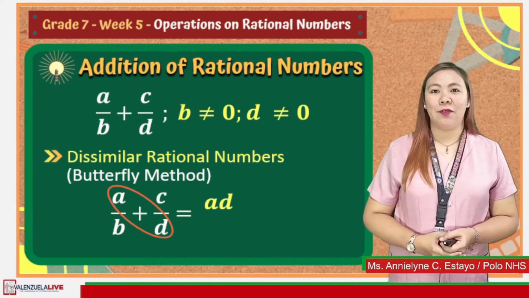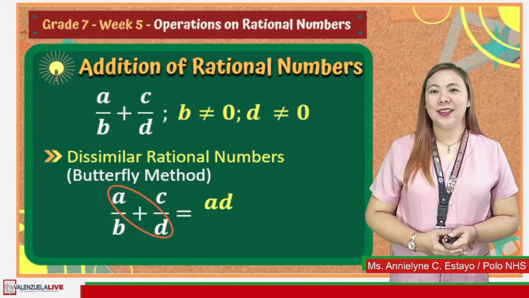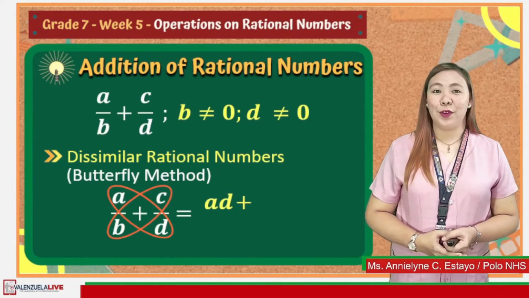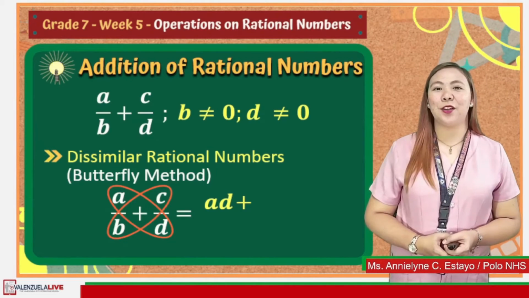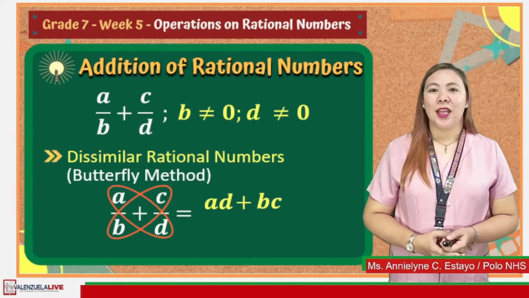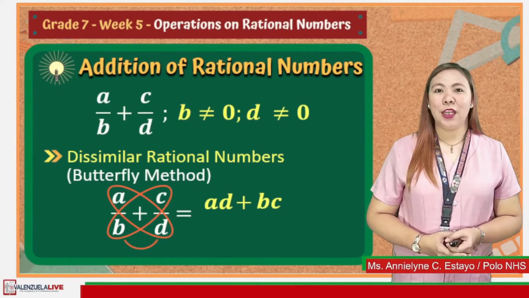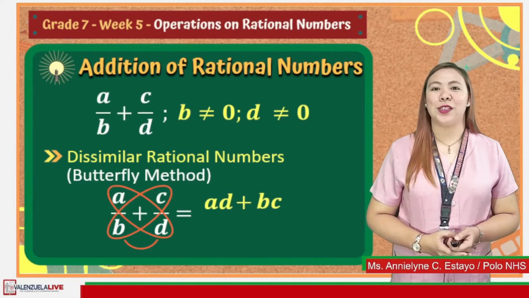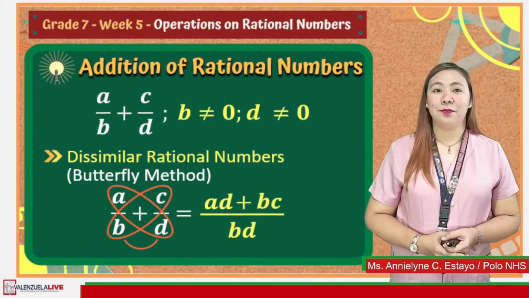Thus, we have AD. Then, add the product of the denominator of the first fraction to the numerator of the second fraction. Thus, we have BC. Lastly, the denominator will be equal to the product of the denominators of the two fractions. Thus, we have BD.